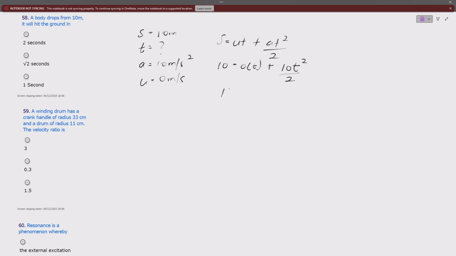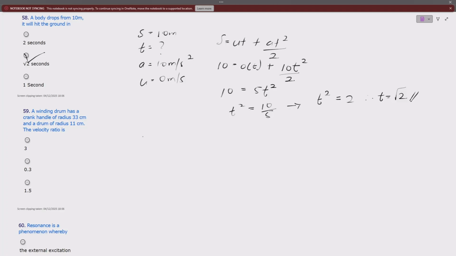So we are going to have 10 equals 5t squared. t squared equals 10 over 5. So this is going to give you t squared equals 2. Therefore, t equals root 2. That is the answer, root 2 seconds.